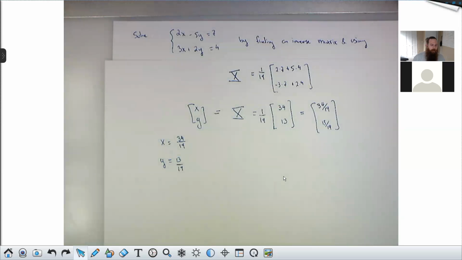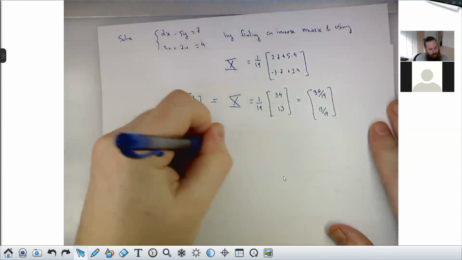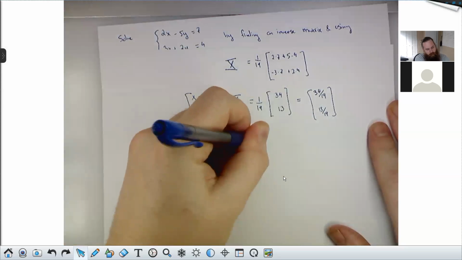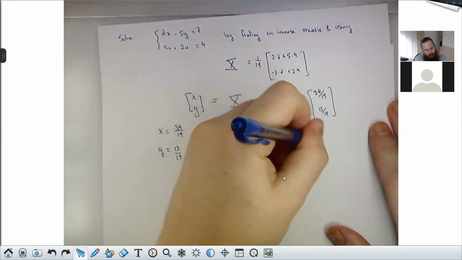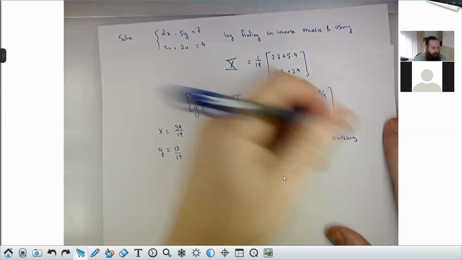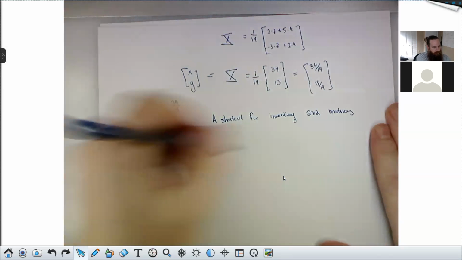And it's a big enough deal that I want to show you a shortcut for inverting 2x2 matrices. It requires you know something about a determinant.